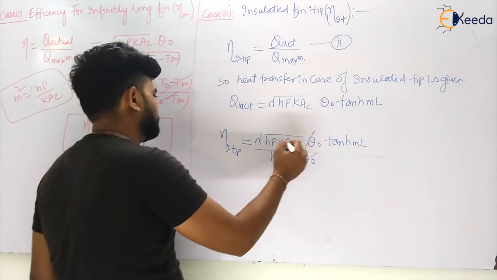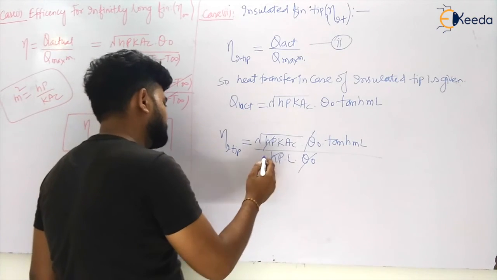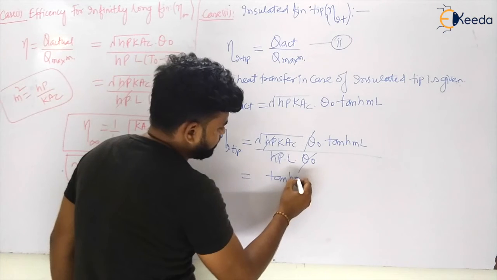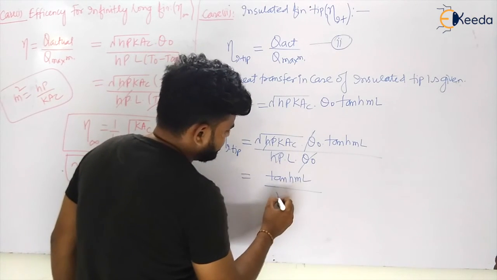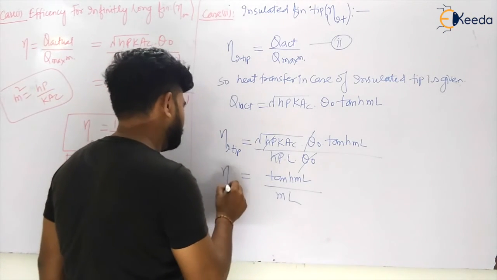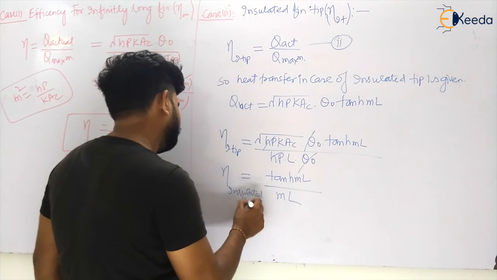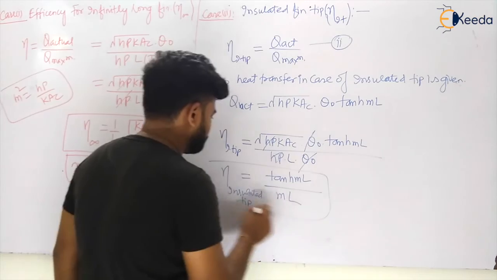So theta naught will go. Again this part and this part will go. So this will become tanh mL divided by mL, my dear students. And this will be the efficiency for the case of insulated tip.